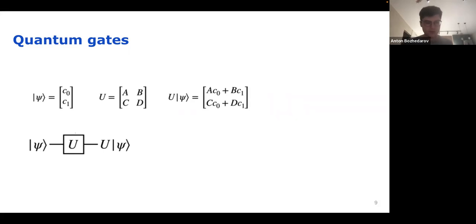This is how quantum evolution is described using drawings and box notation. If you have seen some quantum algorithms as pictures, there are a lot of boxes, wires, and so on, and they all represent unitary operators and vectors.